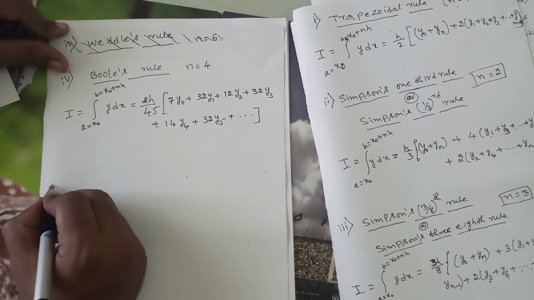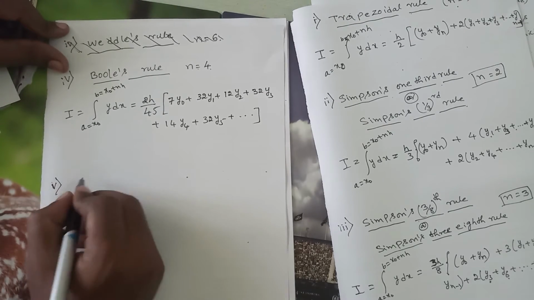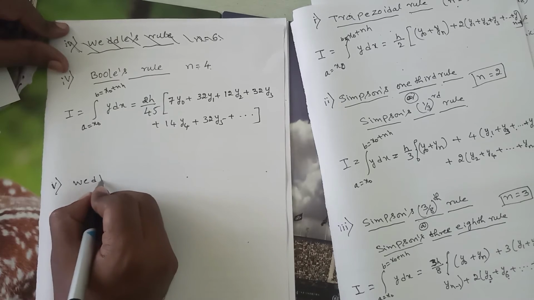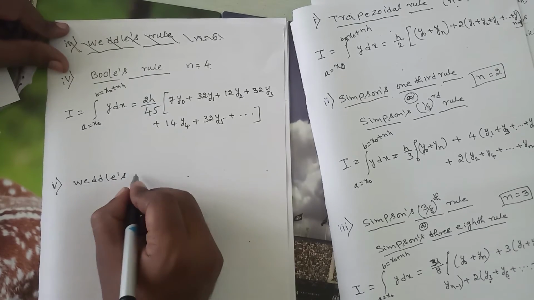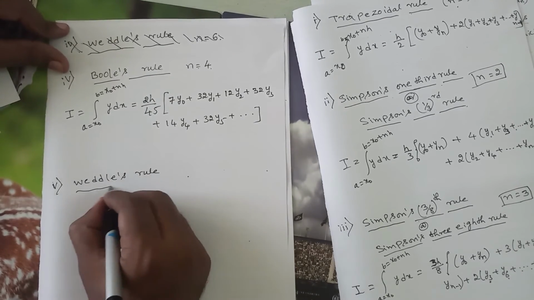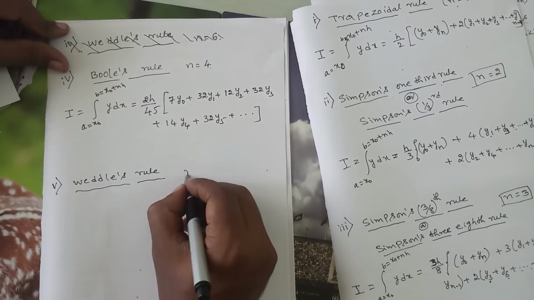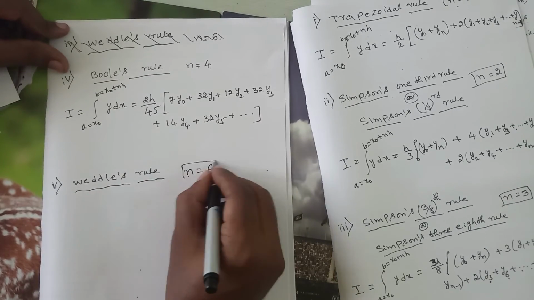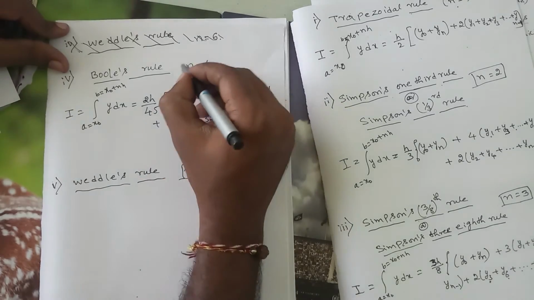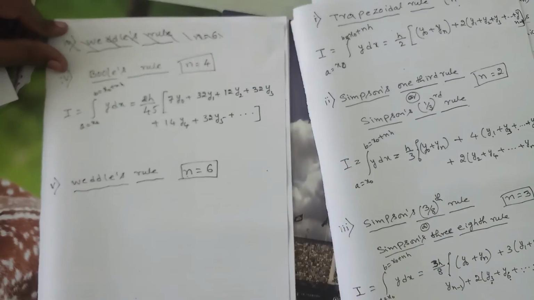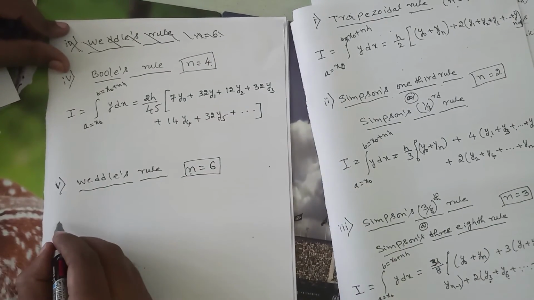So here, fifth one, Weddell's rule. So for n equals 6, not for n equals 5. It is Weddell's rule for n equals 6. So what happened?